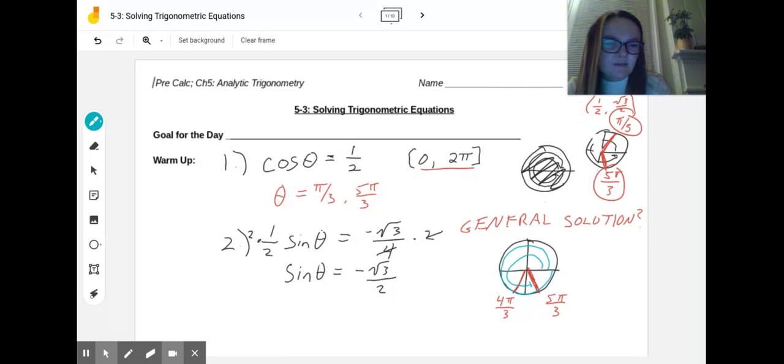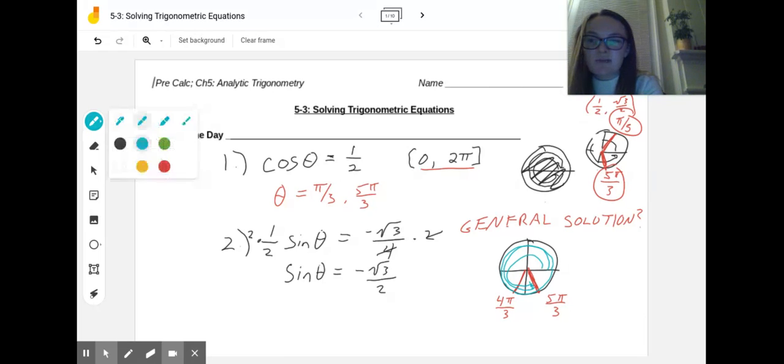So I went 2 pi radians, and then I went another 5 pi over 3. So really what we can see this as is 5 pi over 3 plus 2 pi of any iteration. Basically, if I do any iteration of adding 2 pi, I'm going to end where I started. And so the first way to generically represent the answer is going to be this.